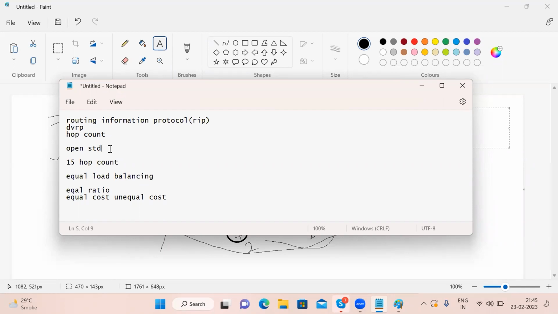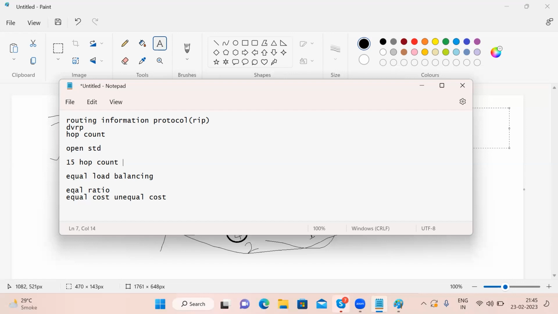Second one, it says open standard protocol. RIP is an open standard routing protocol, meaning you can run this routing protocol on any vendor routers. It can be Juniper, it can be Cisco, it can be any. It supports up to 15 hop count.